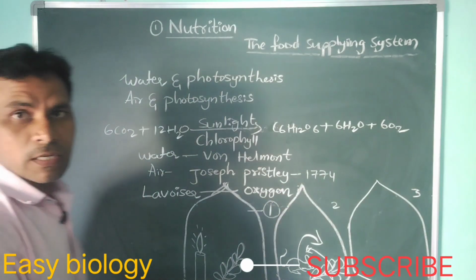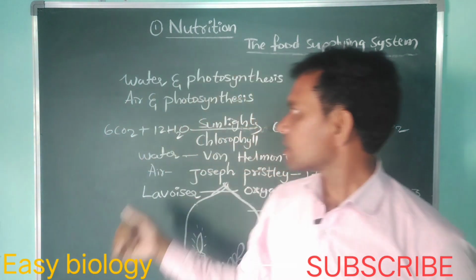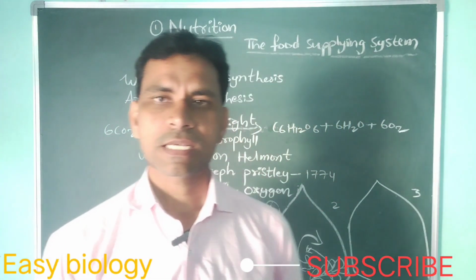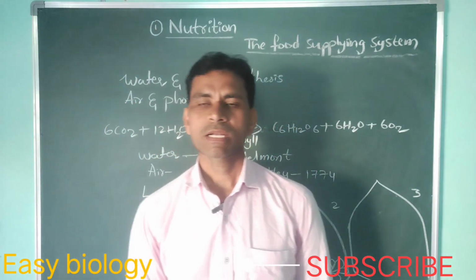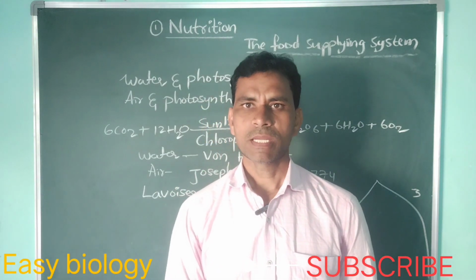Okay, so today we are discussing two topics. What are the two main topics? Water and photosynthesis, and the second one is air and photosynthesis. Who did the experiment on water and photosynthesis? Van Helmont.